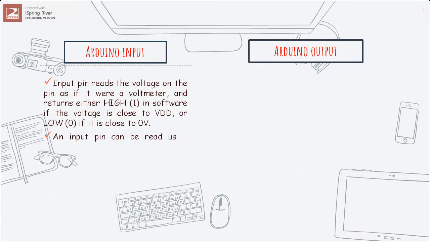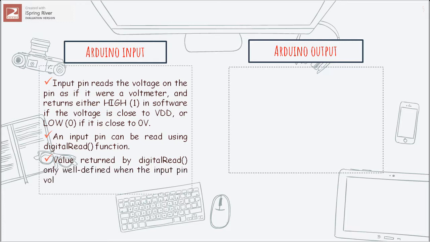By using software, an input pin can be read using the digitalRead function, and the value returned by digitalRead is only well defined when the input pin voltage is close to VDD or 0 volt.